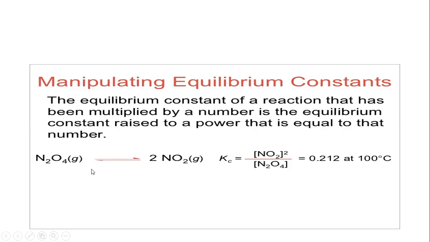We have this reaction here: N2O4 is being converted to 2NO2, and the equilibrium constant is still 0.212. Now, what will happen if I rather have 2 moles of N2O4 going to 4 moles of NO2? What will be my equilibrium constant now, using this expression here? Did you understand my question?